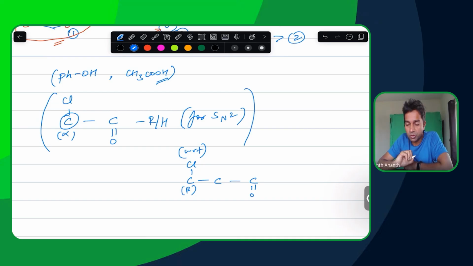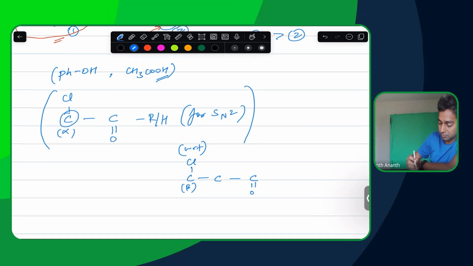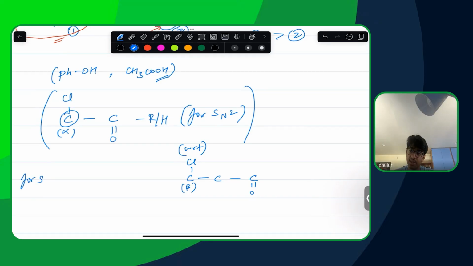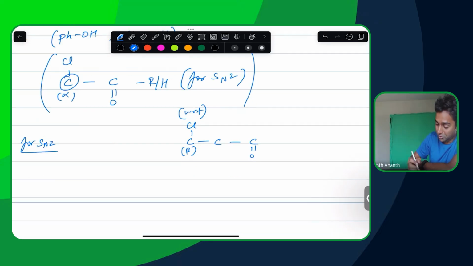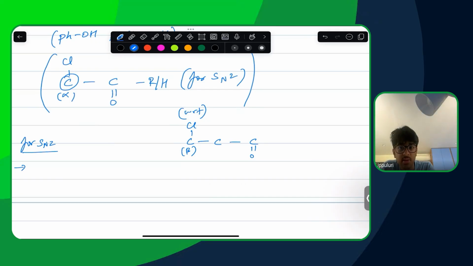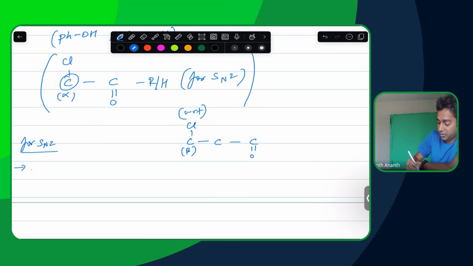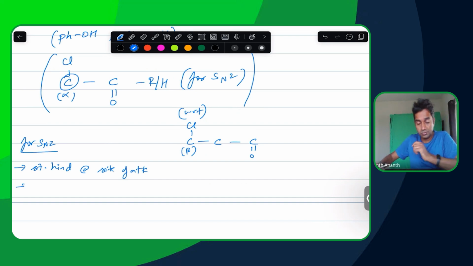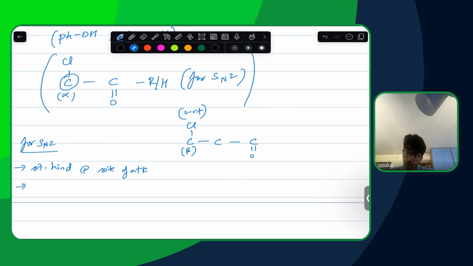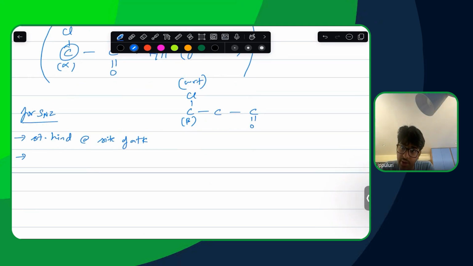Yes, sir. So listen to me, what are the general factors which matter? The steric hindrance. Good. Let's put it as steric hindrance at site of attack. Okay, what else? Sir, electron density at the site.